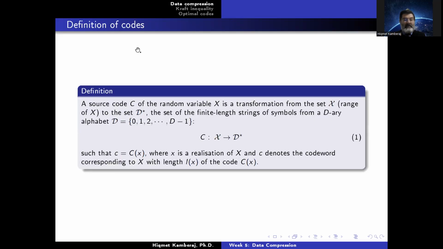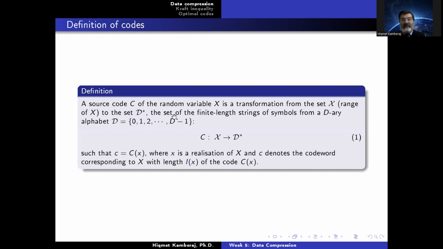By definition, a source code C of the random variable X is a transformation from the set chi, the range of X, to the set D star, the set of finite length strings of symbols from the D-ary alphabet D, where D is equal to the set 0, 1, 2 up to D minus 1.